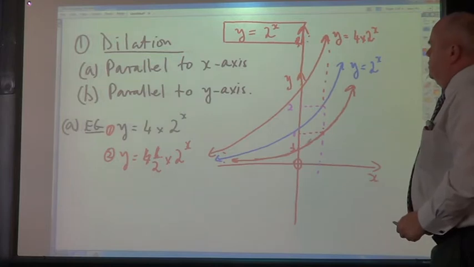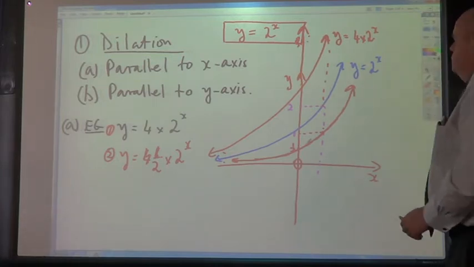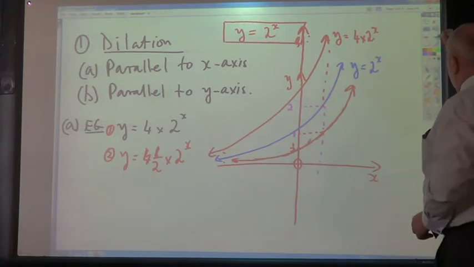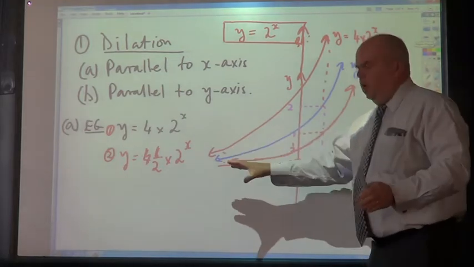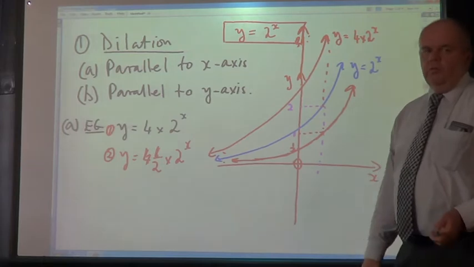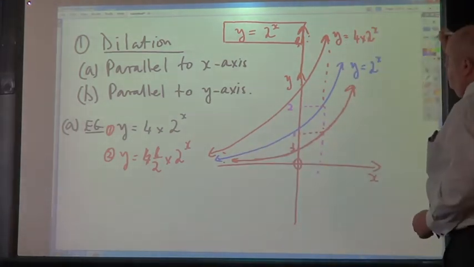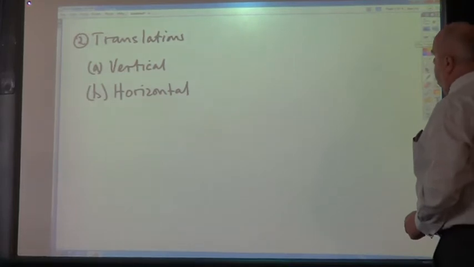So that's a dilation parallel to the x-axis. Note, by the way, it's important to realise that these lines will never intersect or cross. They'll stay separate.